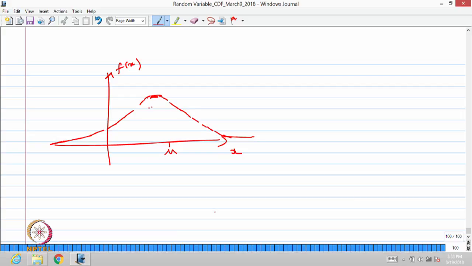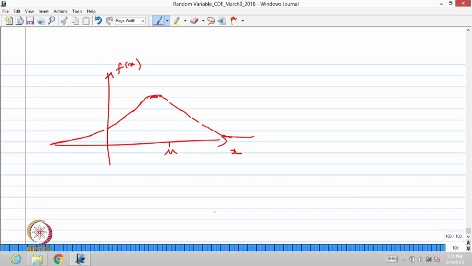So, this is the probability density function of the normal distribution. That means the area below this curve is 1. The mu is called a location parameter, and sigma square is called a scale parameter. That means the value of mu fixes where the peak will come, that is the location, and sigma square fixes the spread of the distribution, or the variance.